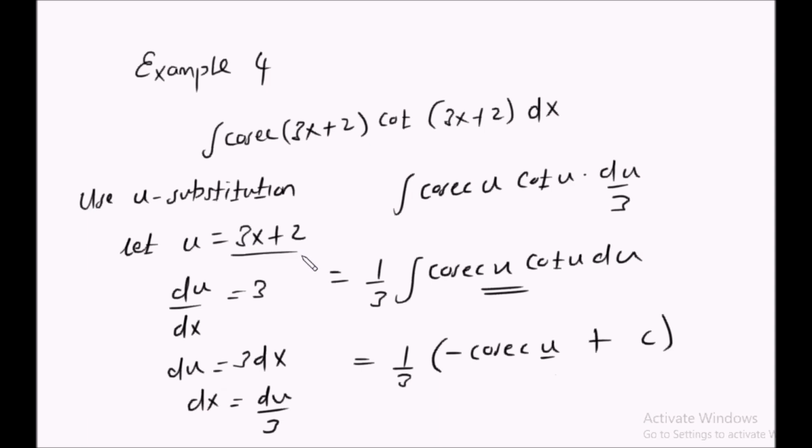Lakini u remember ni 3x plus 2. So kumbe jibu ni sasa naingiza hii 1 over 3 ndani kabisa. It's going to be negative 1 over 3 cosec of 3x plus 2. So 1 over 3 times c is c. Any constant number times c is c. So this is what we get when we integrate that one.